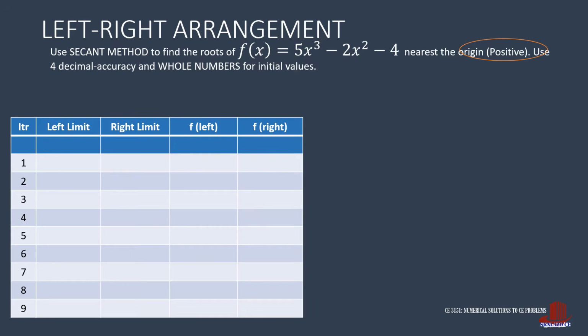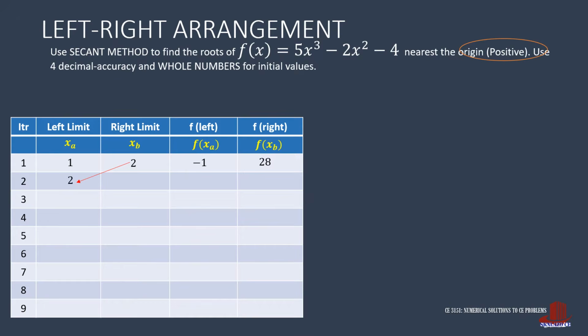To use the derived function easily, these columns are tagged as xa, then xb, followed by f of xa and f of xb. From the previous computation, we had the left limit as 1, and the right limit was 2. F of the left limit was negative 1, and the function of the right limit was positive 28. Let's then start the iteration.